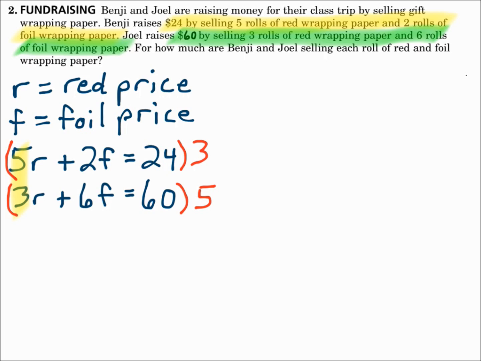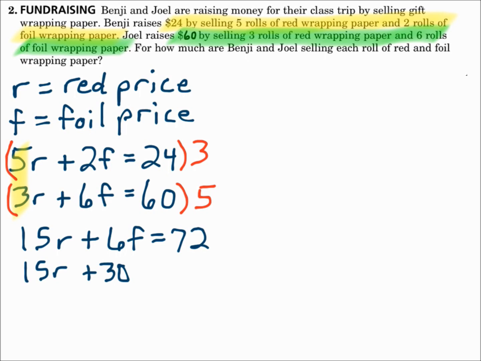Always multiply each equation by the other one's coefficient. 3 times 5r is 15r, 3 times 2f is 6f, and 3 times 24 is 72. On the bottom, 5 times 3r is 15r, 5 times 6f is 30f, and 5 times 60 is 300.